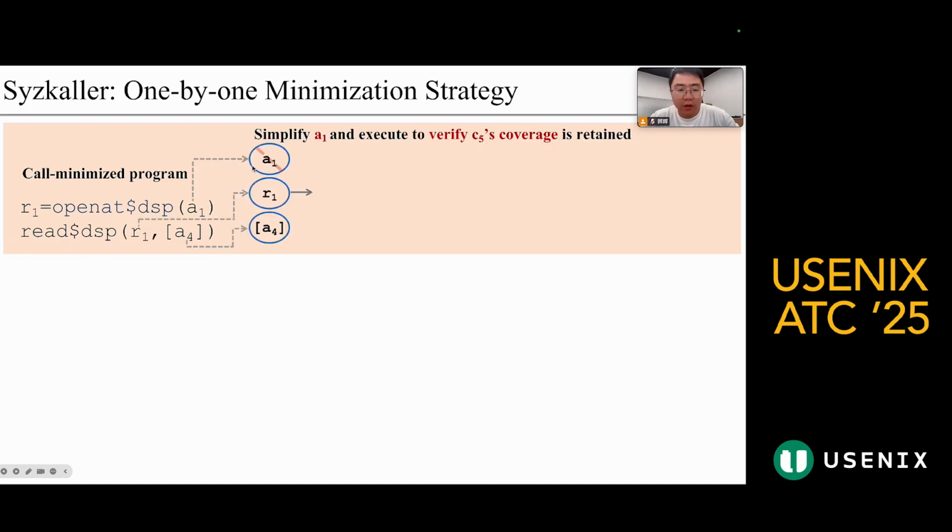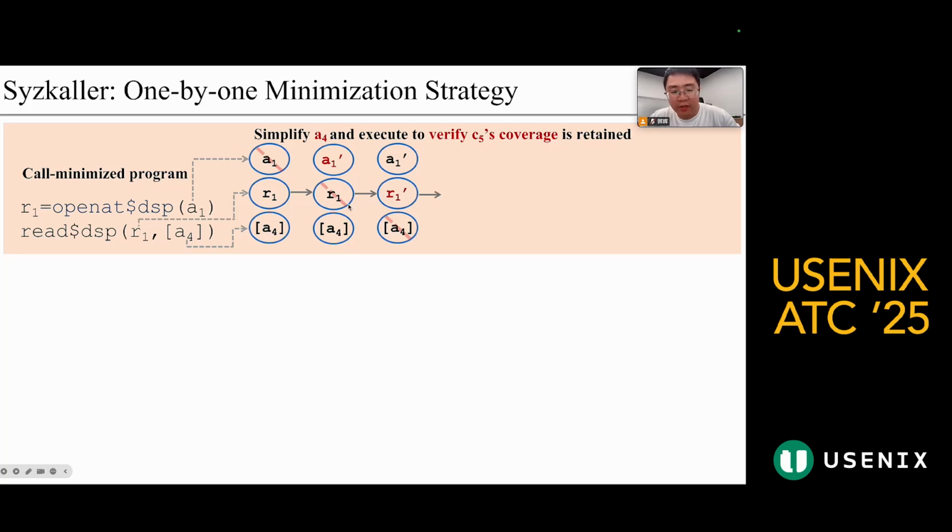First, argument simplification simplifies A1 and executes to verify call 5's coverage is returned. If this attempt is successful, A1 becomes A1 apostrophe. Then, in the same way, it tries to simplify the resource argument R1.